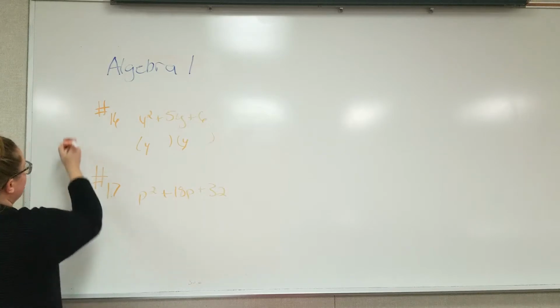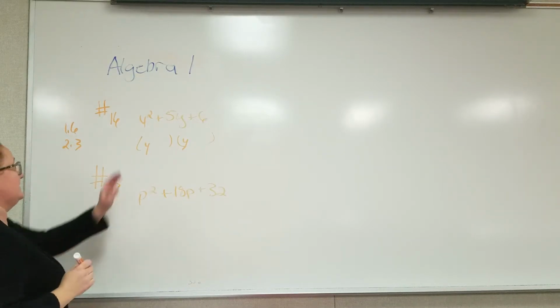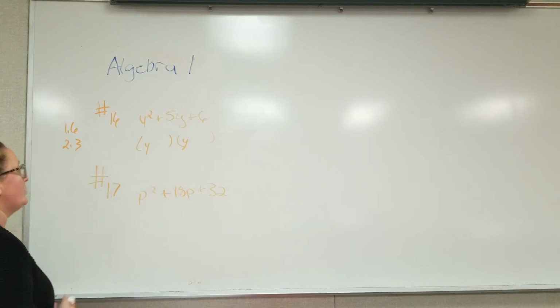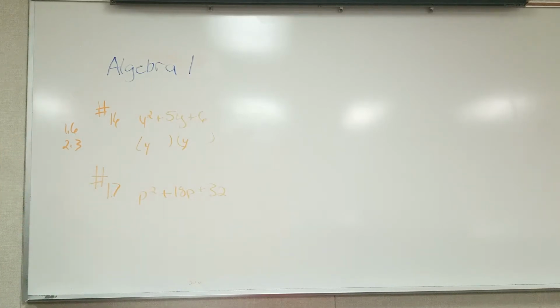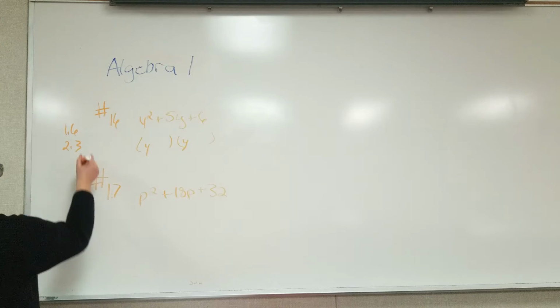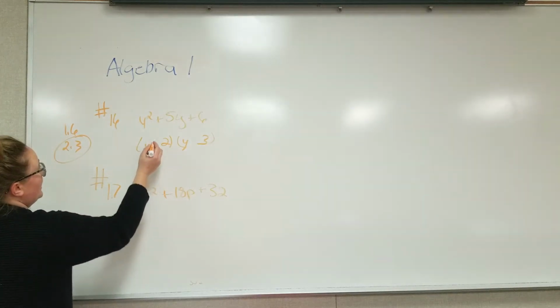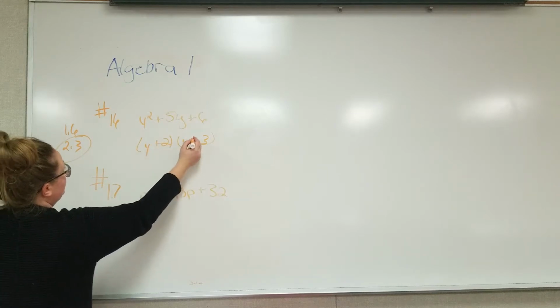So 6, we have 1 and 6, 2 and 3. Actually, because this is positive, we can't subtract. We have to see which of these is going to add to the middle number. 6 plus 1 would be 7, 2 plus 3 is 5. So we've got to use 2 and 3. It doesn't matter which order, and because it's positive, it's going to be plus, plus.